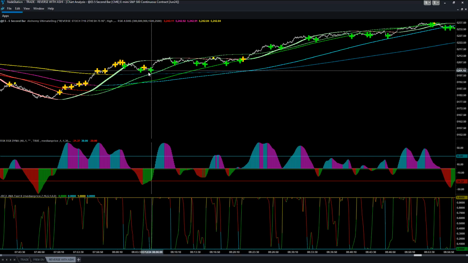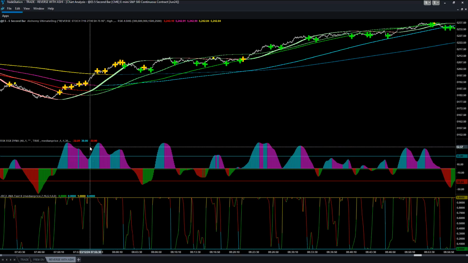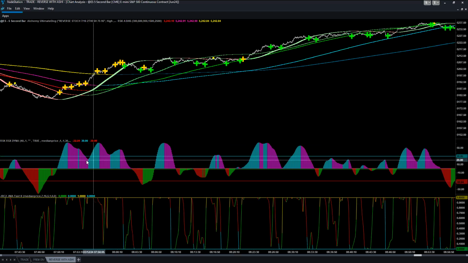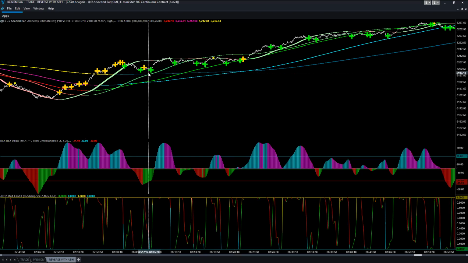You've got a higher low in here, but a lower low. All right, this is a low, this is a low, this is a lower low, but a higher low here. That's a good example of reverse divergence.